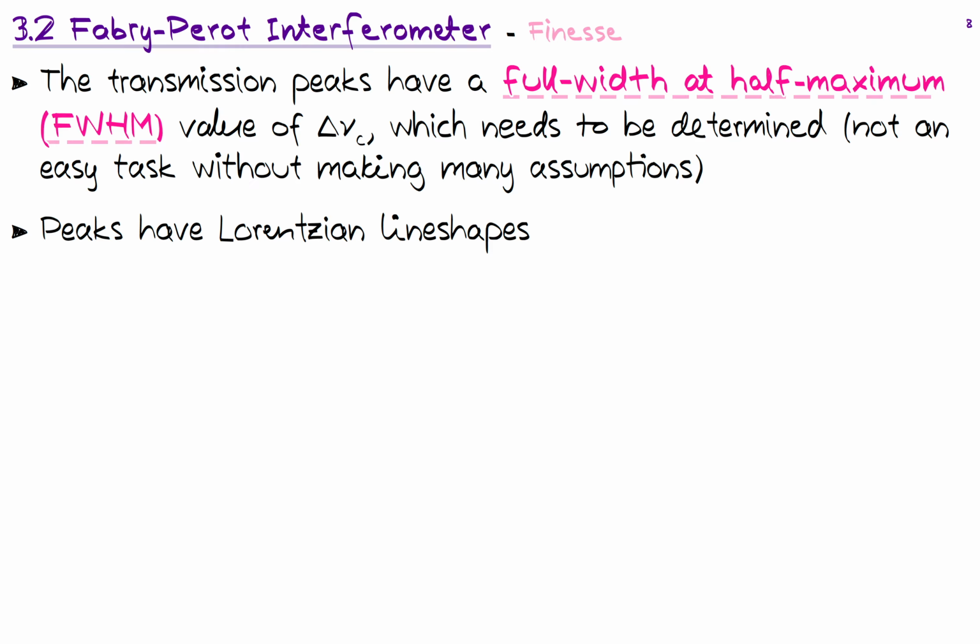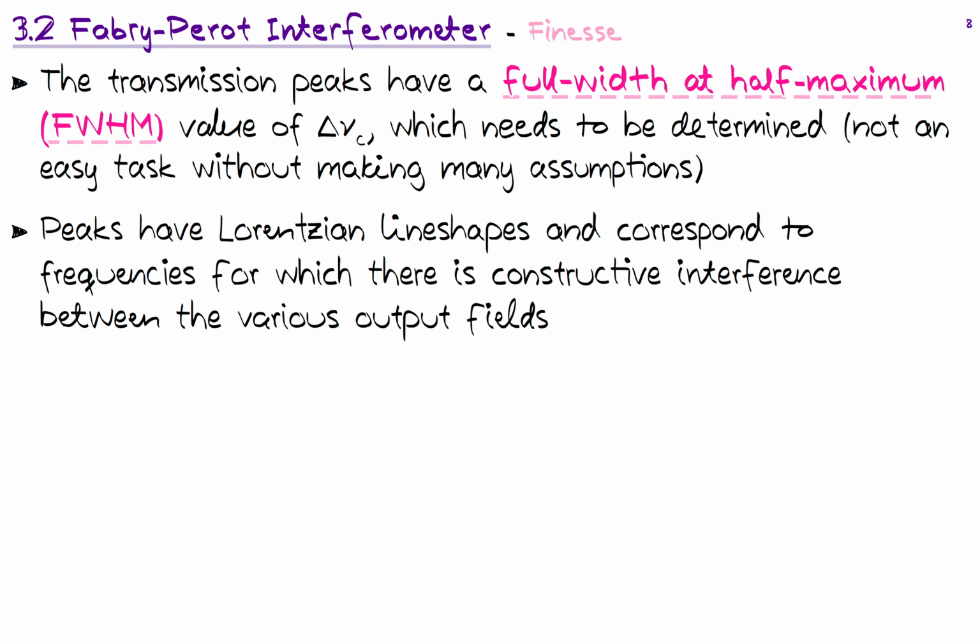So let's first assume that the peaks have a Lorentzian line shape. They behave in an ideal manner, and they correspond to the frequencies for which there is constructive interference between the various output fields. Looking at the math, we see that that's where the peaks originate.